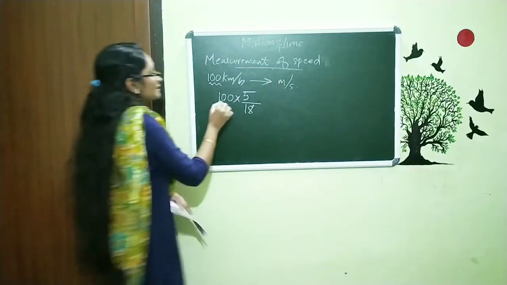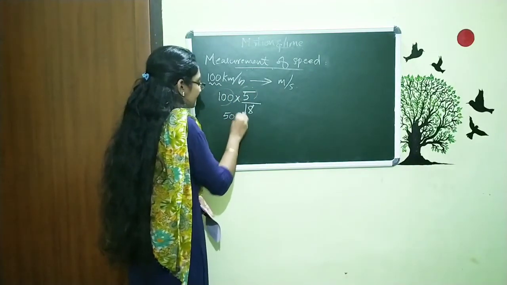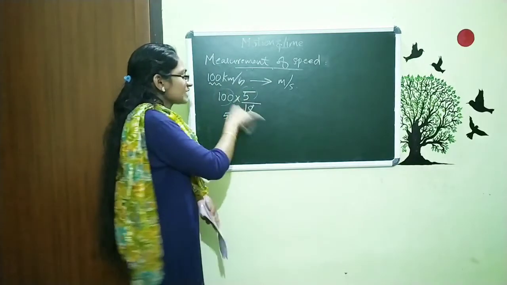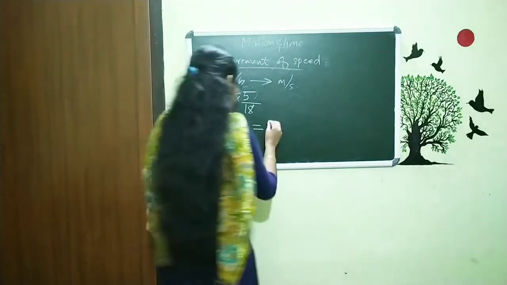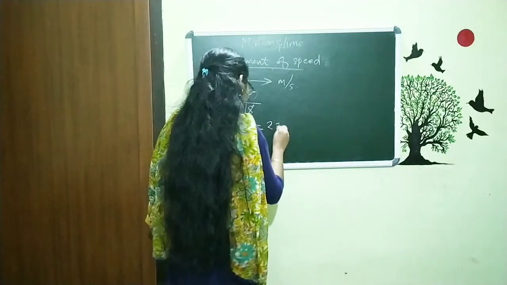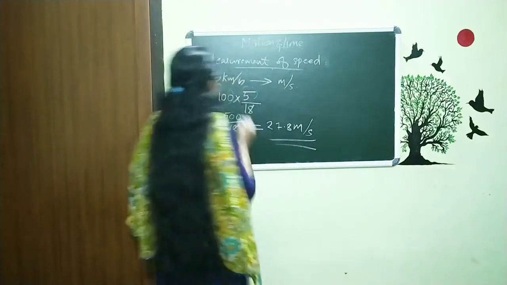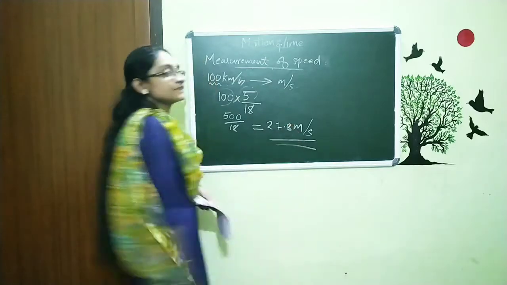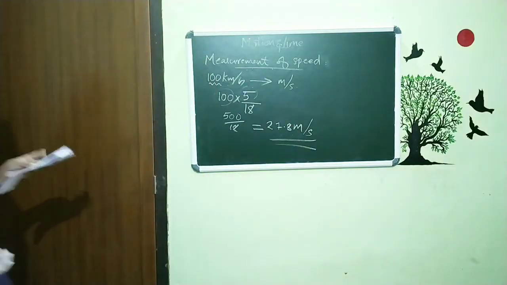When we multiply these two quantities, we get 500 by 18, or also you can do it by cutting or anything. So the final answer is 27.8 meter per second. The meaning is that 100 kilometer per hour means 27.8 meter per second. This is how we convert this.